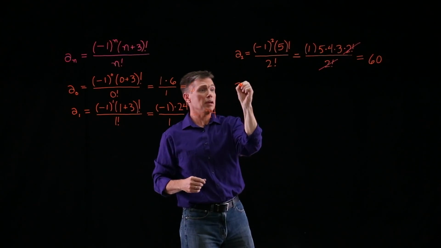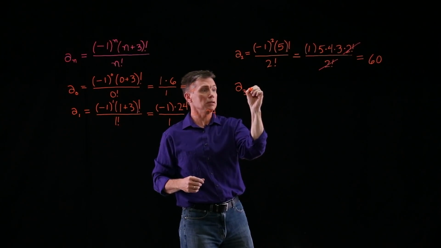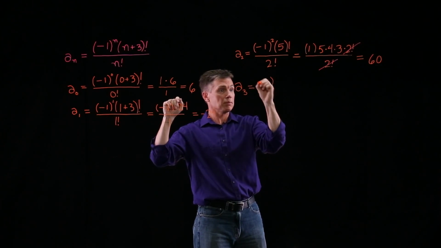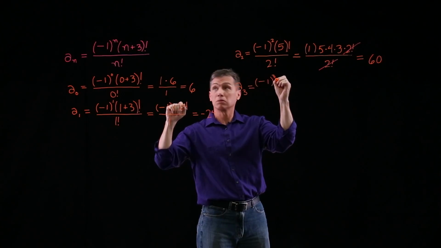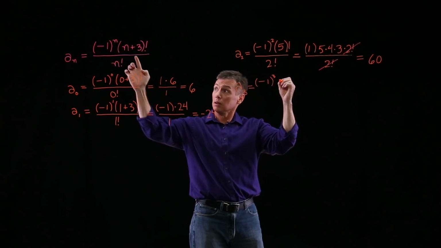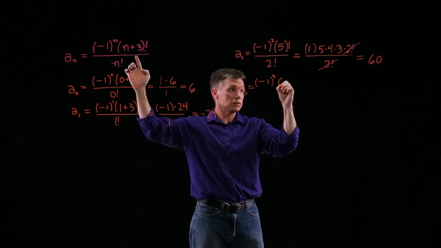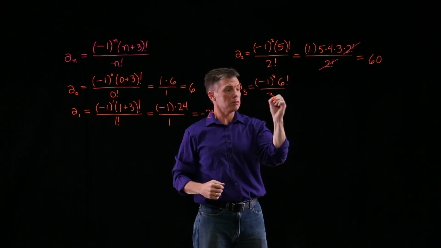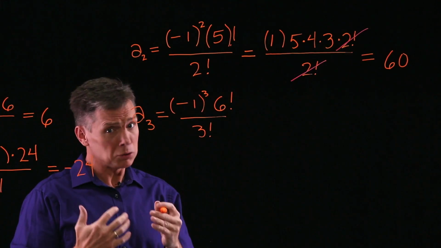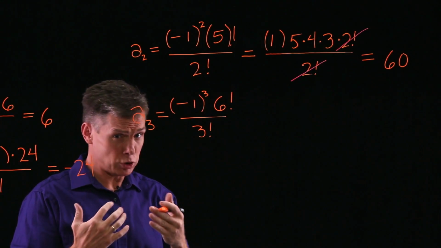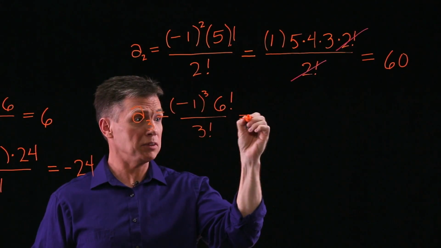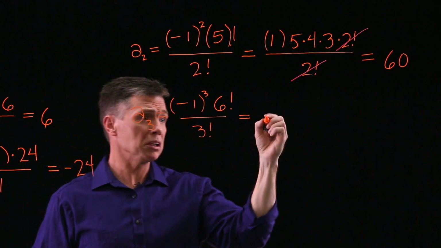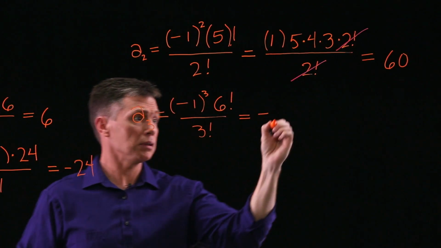Fourth term, a sub 3. Still just following my formula. Minus 1, but my n is 3, so minus 1 to the 3. 3 plus 3 is 6 factorial. Divide by 3 factorial. And I'll do the same kind of simplifying trick, is I'll rewrite that 6 factorial up top. Let's first address the minus 1 will give me a negative, right?